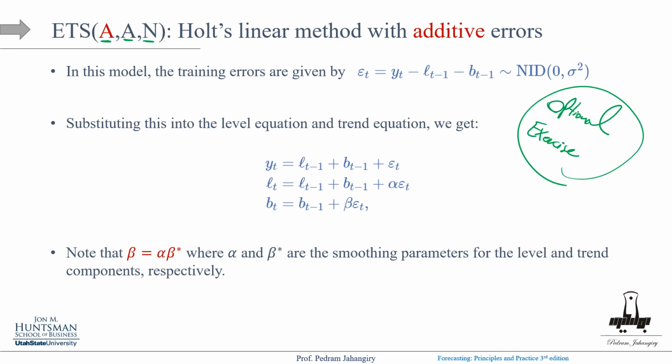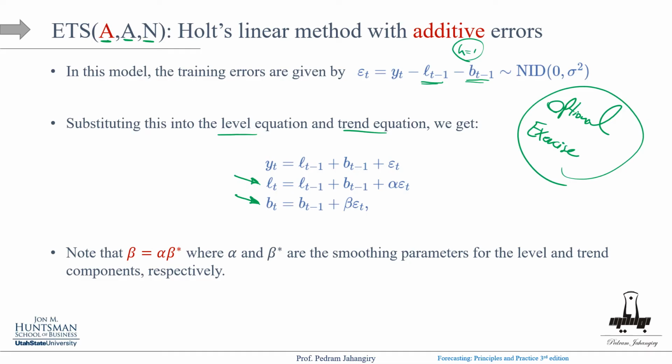We say we have a level component, we have a trend component, and h, again, is equal to 1 if you're doing fitted values. So that's where it's coming from, right? And then I want you to use that equation and substitute it in the level equation and trend equation. Try to figure out these things. It's pretty straightforward.